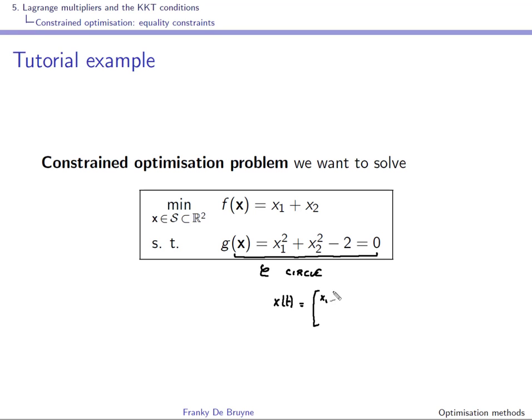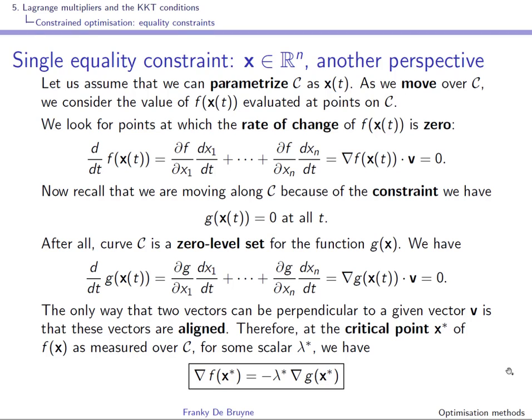There are only two components: x1 of t is square root of 2 cosine t and x2 of t is square root of 2 sine t. If you let t evolve, this will generate a circle centered at the origin with a radius square root of 2. So let us come back to our other perspective.